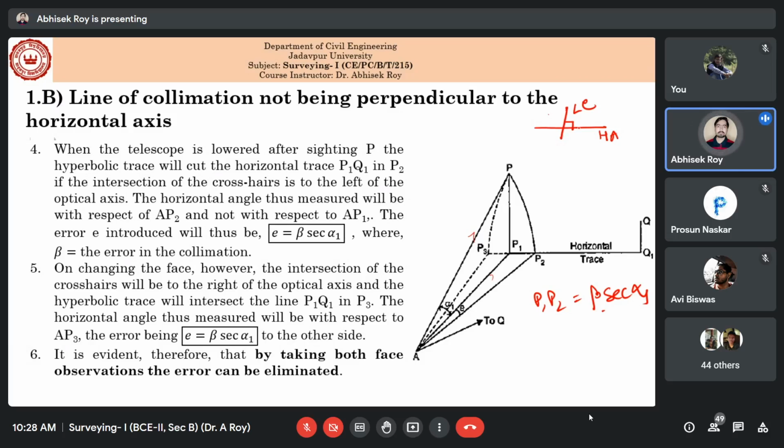So if this angle is not 90 degrees, say this angle is 89 degree, 59 minute, 45 second, then the line of collimation error beta will be 15 second, because we have to measure how much it is differing from 90 degree. Is it clear?